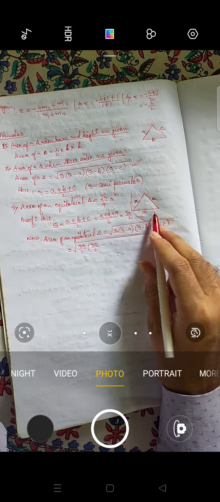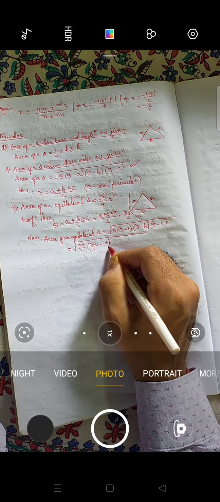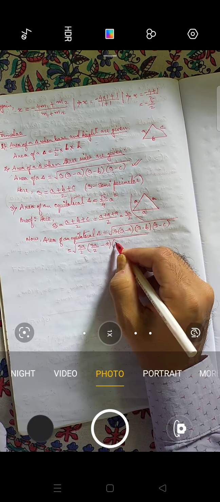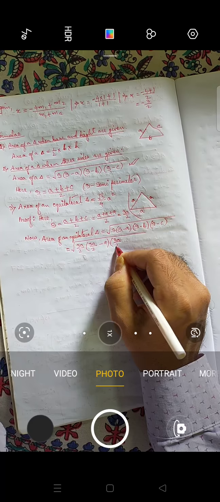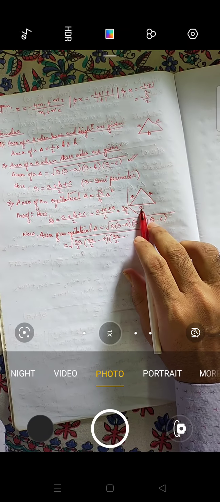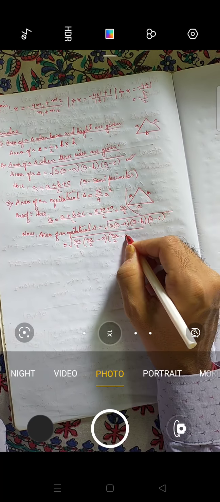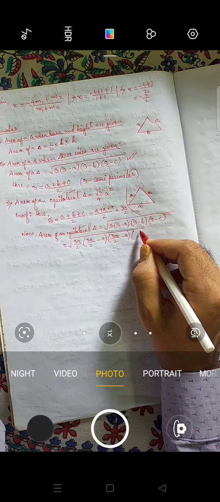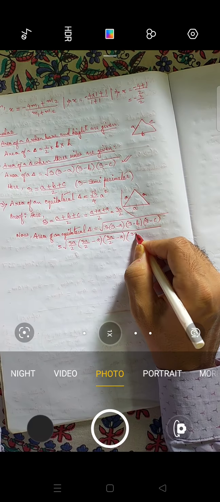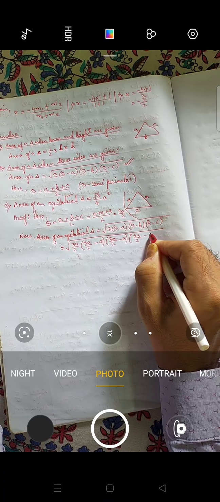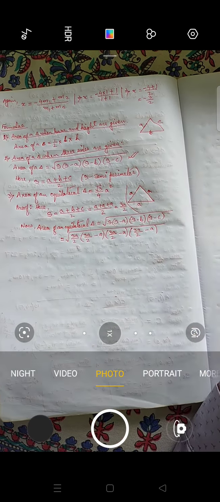So the side is A. Understood or not? Then again S minus B. So S is 3A by 2 minus B. B means side, again the side is A. Are you getting my point or not? Then again S minus C. So 3A by 2 minus A. So we got this one.